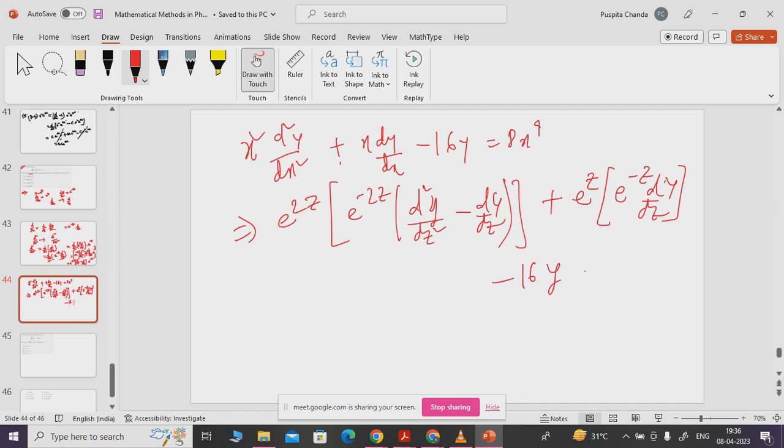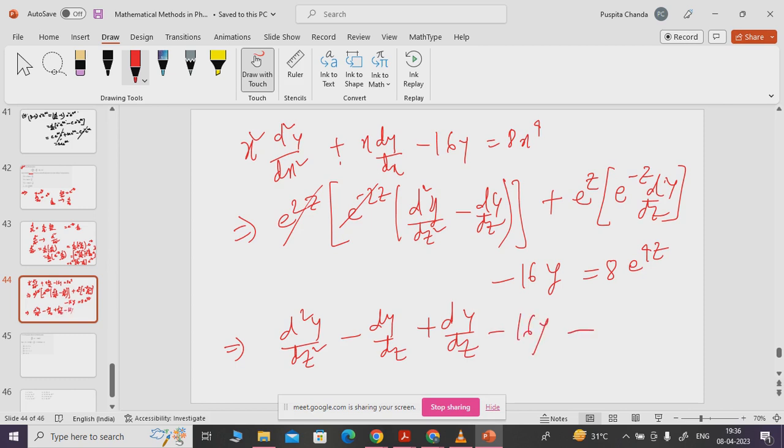This is y, there will be y, minus 16y is equal to 8x to the power 4, x is equal to e^z, so it will be e to the power 4z. This thing and this thing will cancel, d²y/dz² minus dy/dz plus dy/dz minus 16y is equal to 8 e to the power 4z.